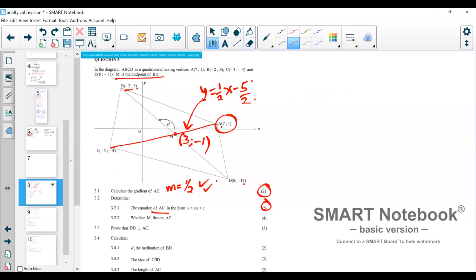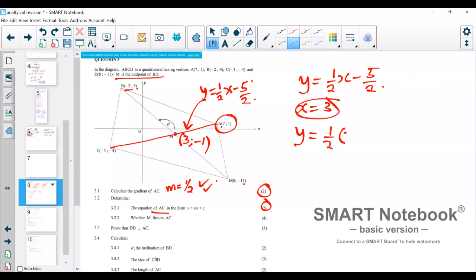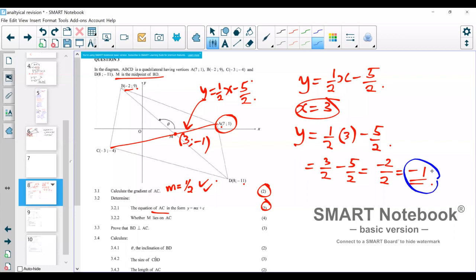All right. What's the equation of this line? y equals to what? 1 over 2 x minus 5 over 2. All right. But x equals to 3. Let's go. y equals to 1 over 2. If I put my 3 there, what will I have? 3 over 2 minus 5 over 2. And this will give me negative 2 over 2. y is equal to negative 1. Check this. I'm getting y is equal to negative 1.